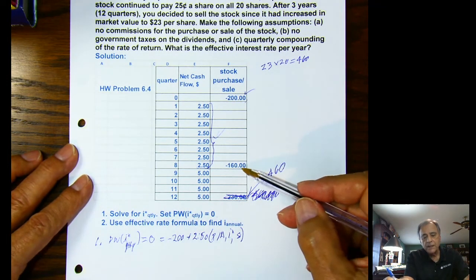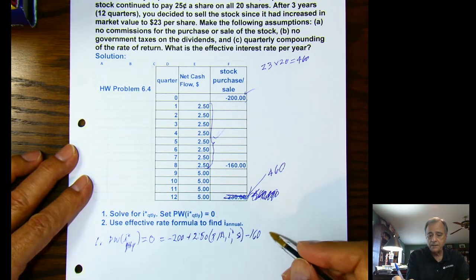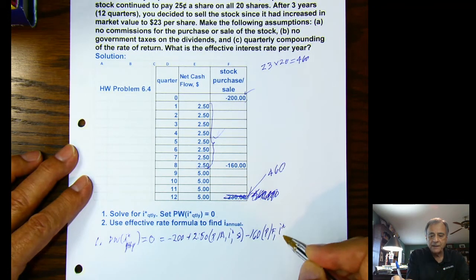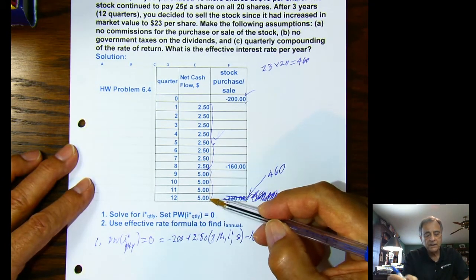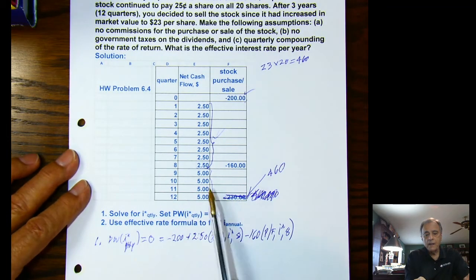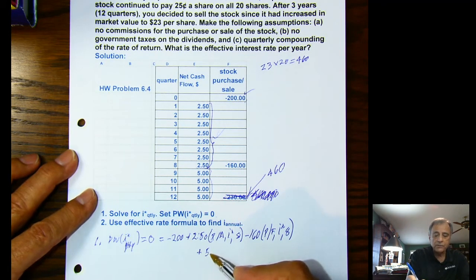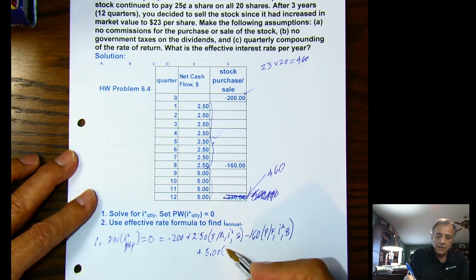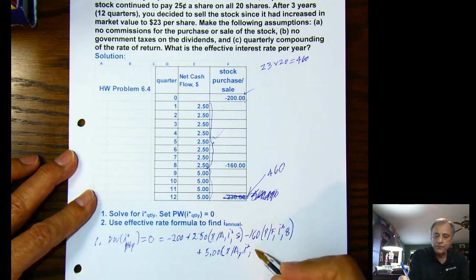Then I have a minus $160 here. And that's at time 8. So that's going to be P given F, that's a single payment, I star and 8. Then I have a uniform series in the last part of $5 per quarter, and I want to bring that back for 4 quarters, P given A, I star, and 4.